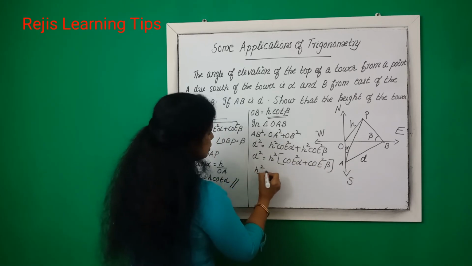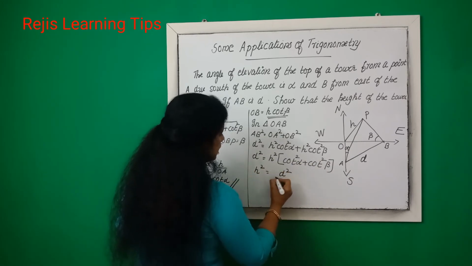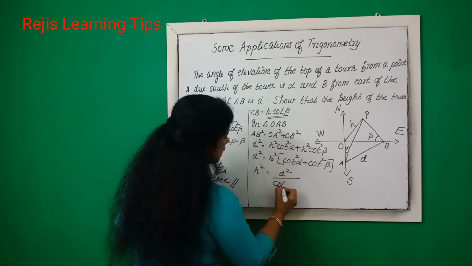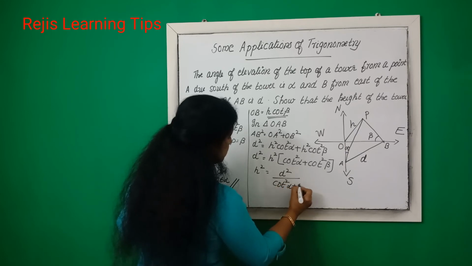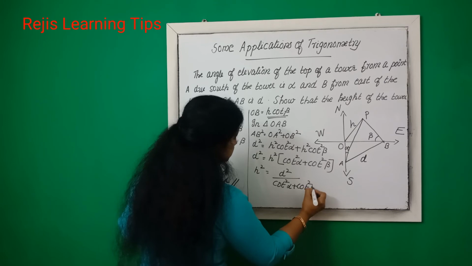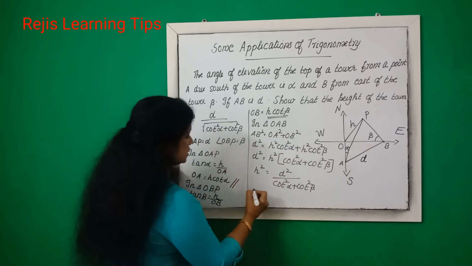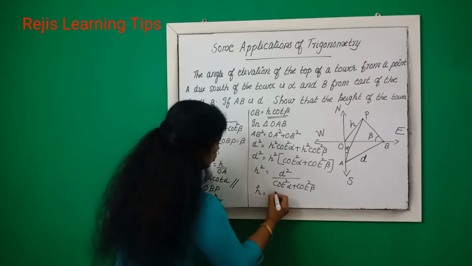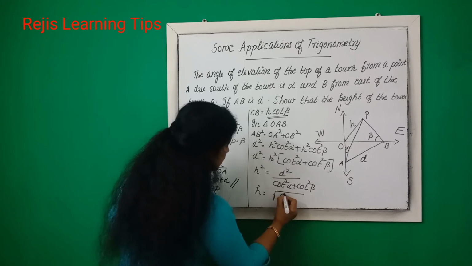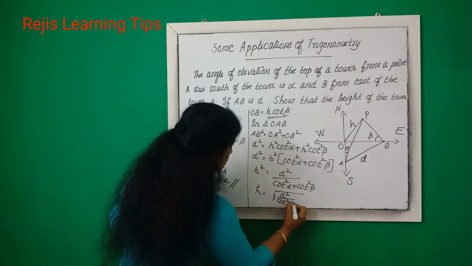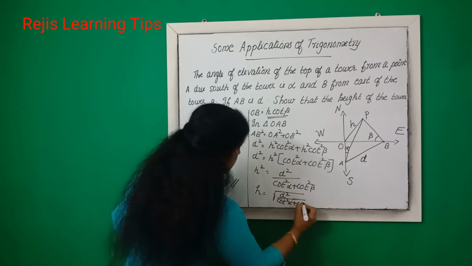So H square is equal to D square divided by cot square alpha plus cot square beta. Therefore, H is equal to the root of D square by cot square alpha plus cot square beta.